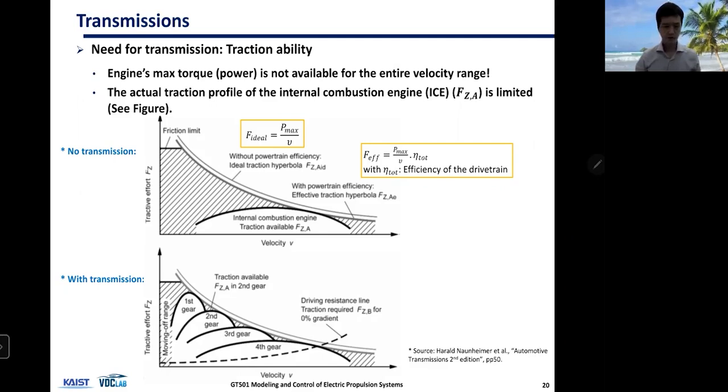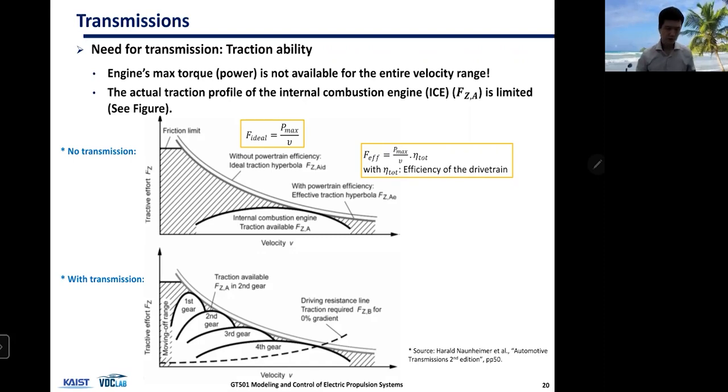And if you want to make sure that your engine operates at high speed as well as low speed, you need a gear ratio that can cover that wide range of vehicle speed, because your vehicle must be able to travel from 0 to, let's say, 160 kilometers per hour.